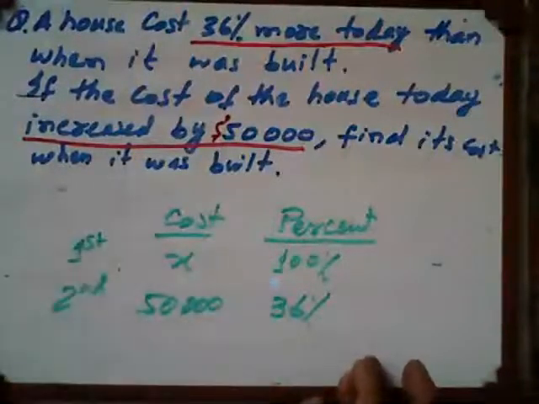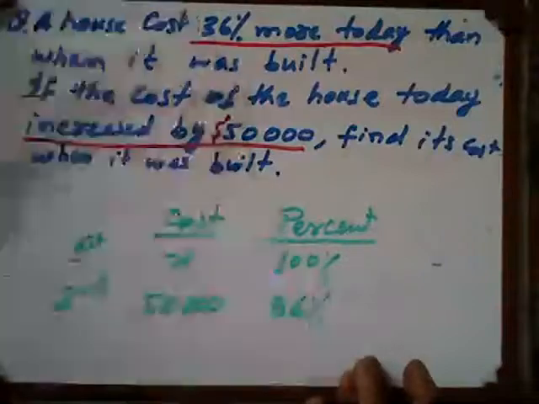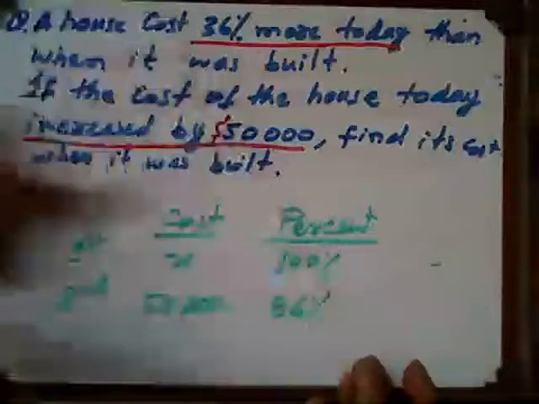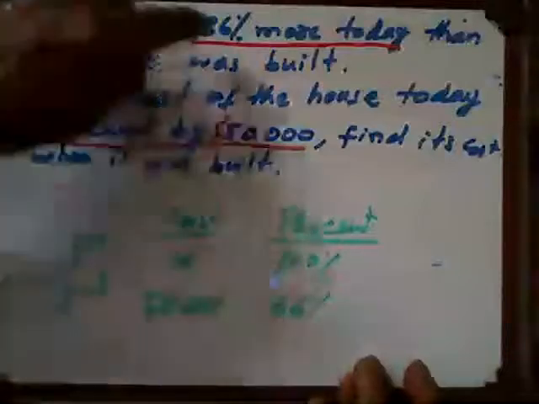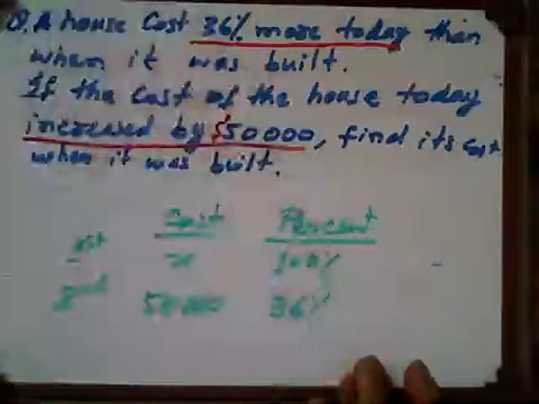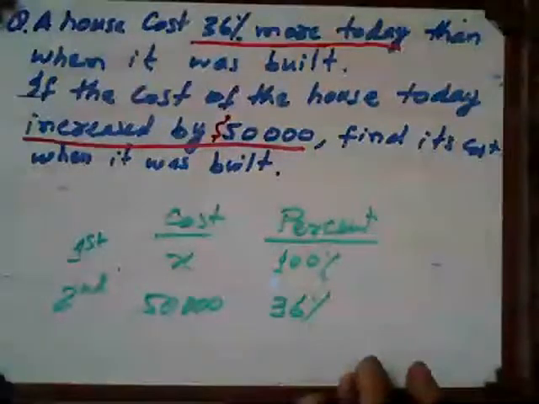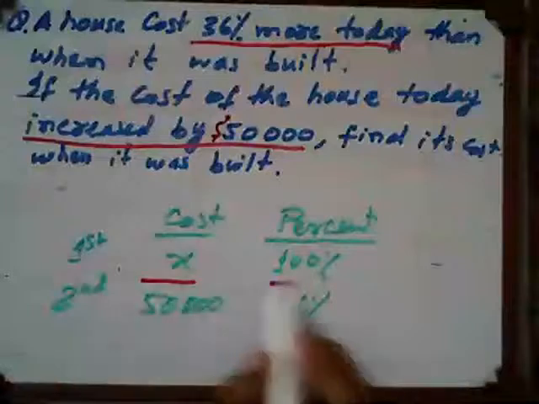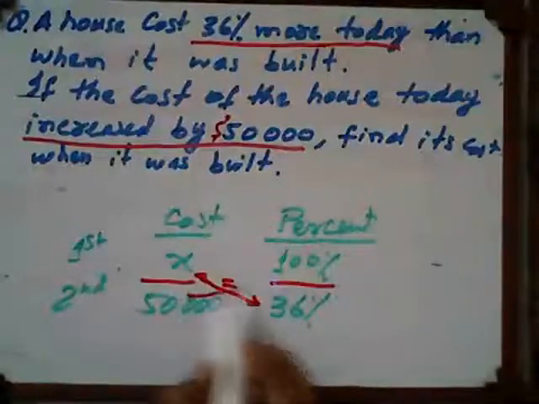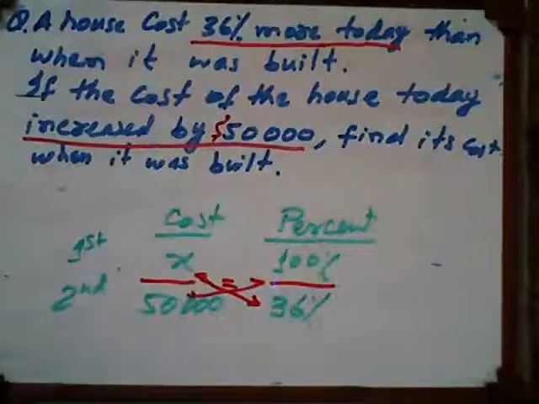So that's why we'll be looking at what question says. Question says 36% more and increased. So increase means this is the value reflecting the 36%. So that's the difference you must understand. And then later on, you may compare and then do cross multiply, and then you may find the value of x in this one.